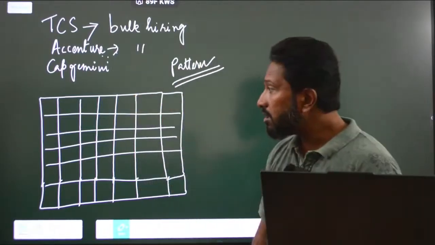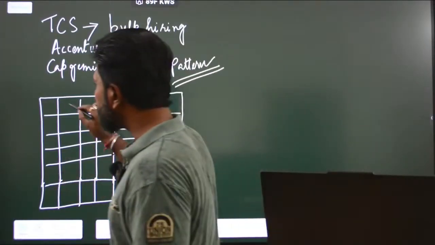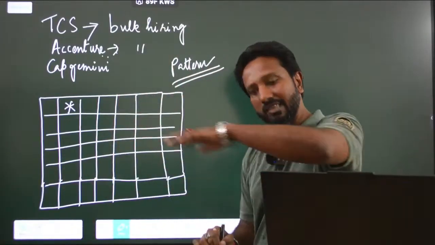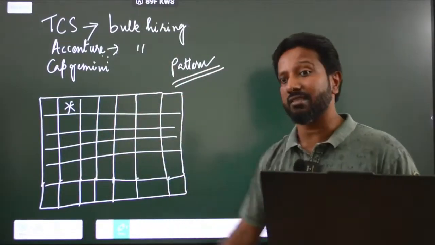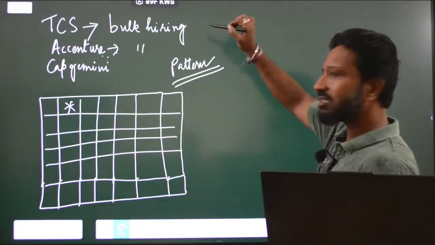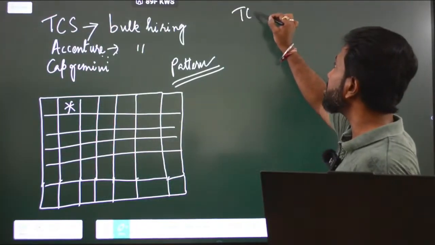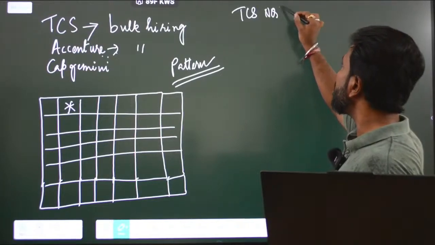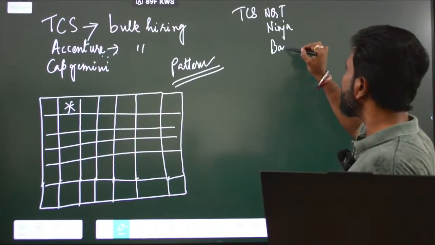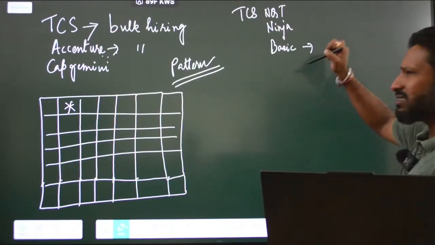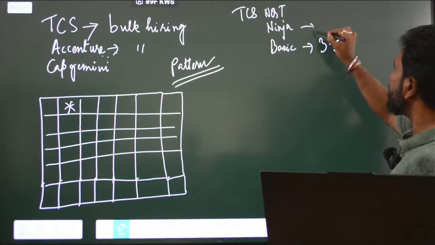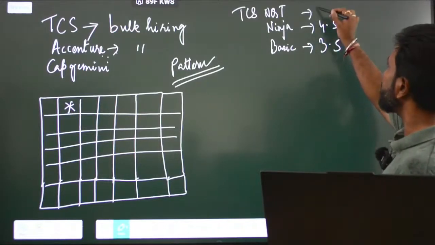Okay. So here, before drawing the pattern, let me just tell you where this pattern is asked. TCS has 3 companies. You have TCS NQT, TCS Ninja, and TCS Basic. The package here is less, it's around 3.5. Here it is 4.5, here it is 5.5.